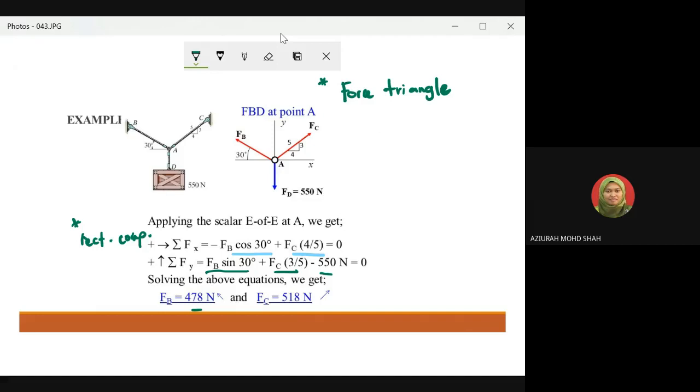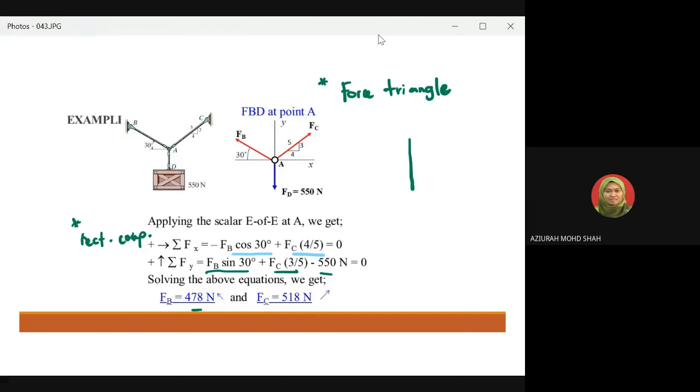It should be a closed triangle. Close triangle tu bermaksud kita tutup dia dengan head to tail, dan head to tail lah. Head to tail ikutlah yang mana satu nak sebut, head to tail ke tail to head ke.